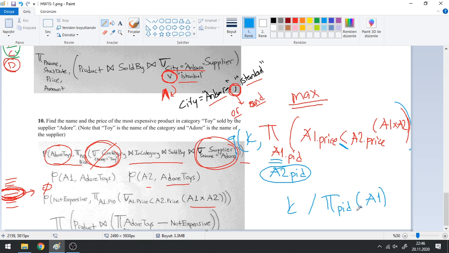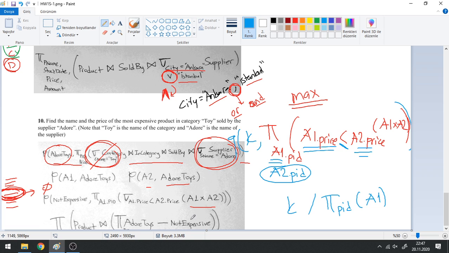So with division as well, we can find the minimum or maximum. But in that case, the part that we project is going to change. So that's what I'm trying to say. One approach with the red one, or in the given part, is to find prices that are dominated by some other price. Prices that are not the most expensive one.